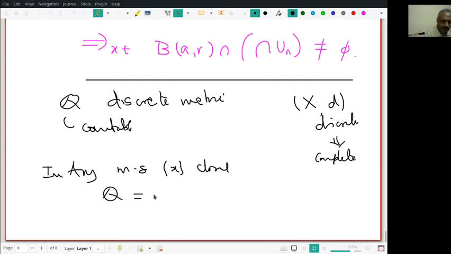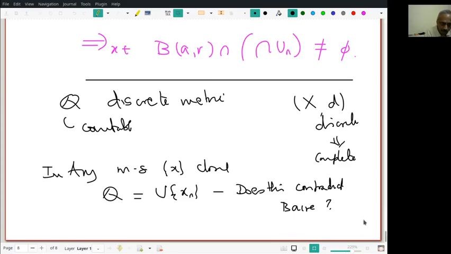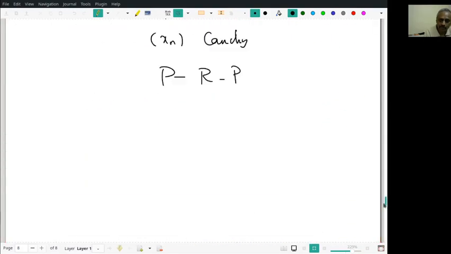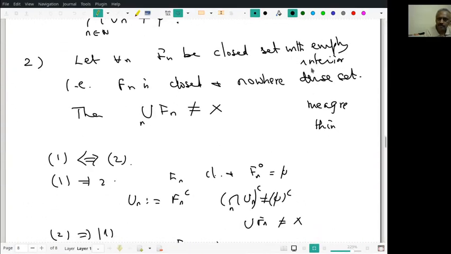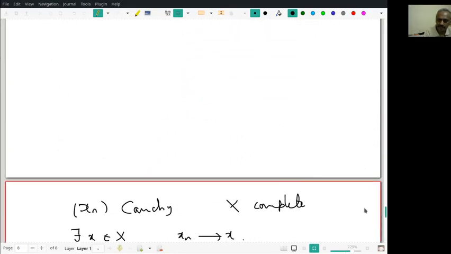Therefore, I have written Q as a countable union of singleton closed sets. Does it contradict Baire's theorem? No, because since it's a discrete metric space, this closed set Xn has non-empty interior, because this singleton is also an open set. But by our assumption, we want it to be empty interior, but this does not have empty interior. You follow that?